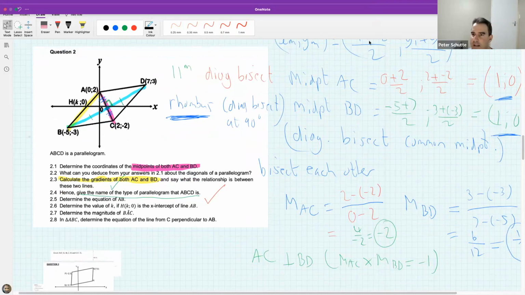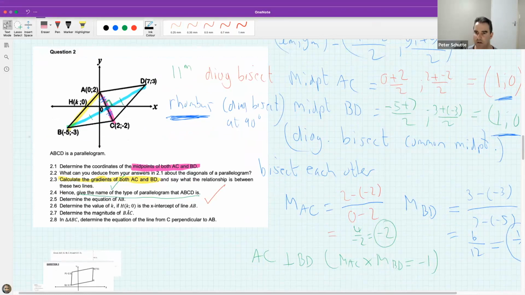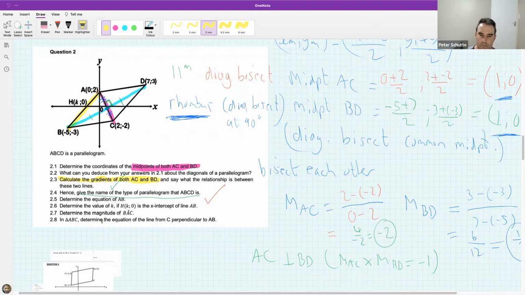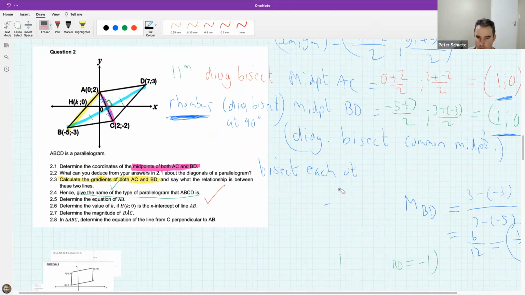Now, we really are getting into the meat of these questions. I'm going to clear my board. This is going to be our last question for today. We'll carry on with this question in the next lesson.